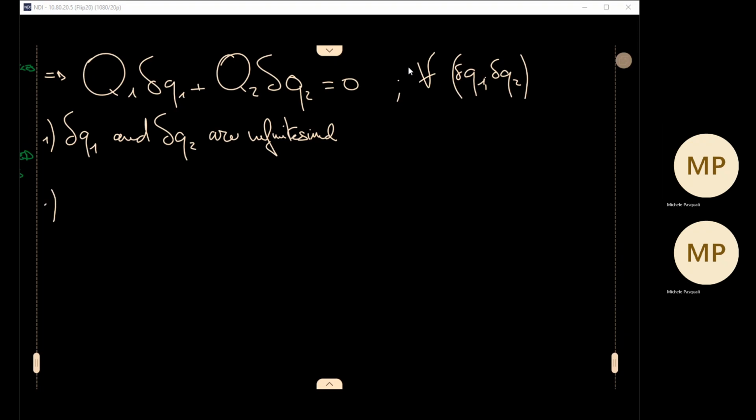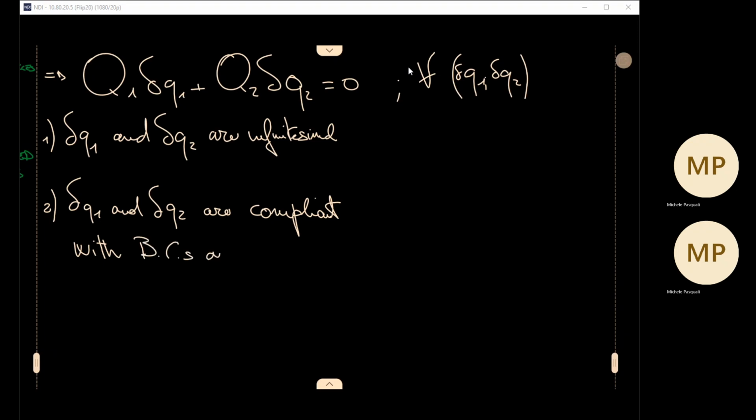And delta q1 and delta q2 are compliant with what? With the boundary conditions and the constraint equation. So with the BC and constraint equation.